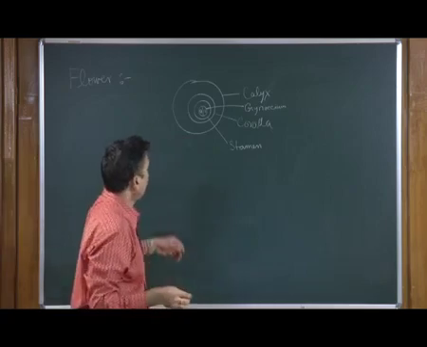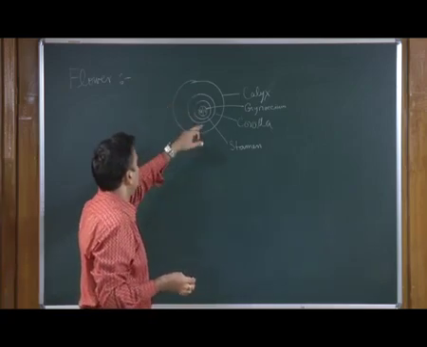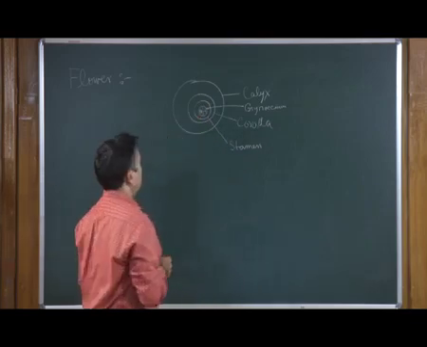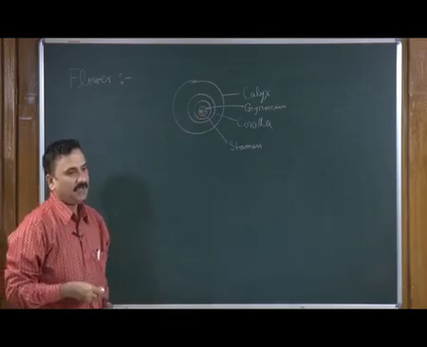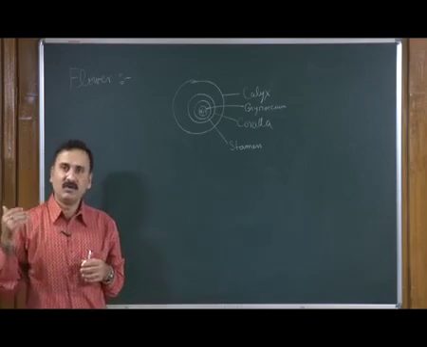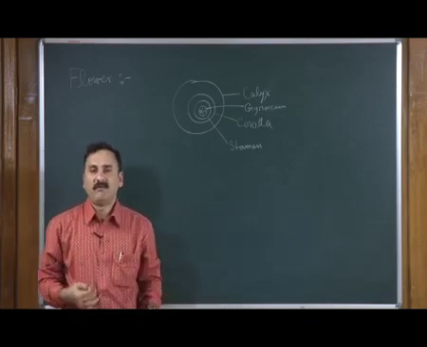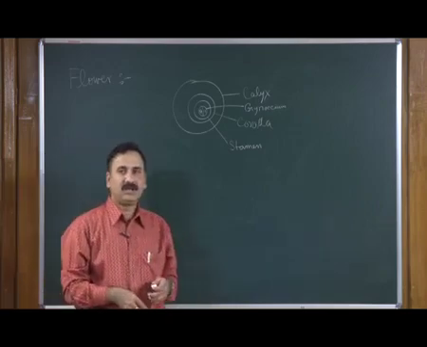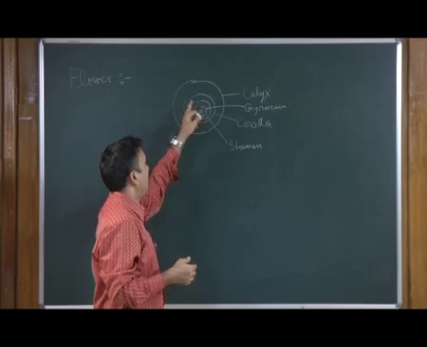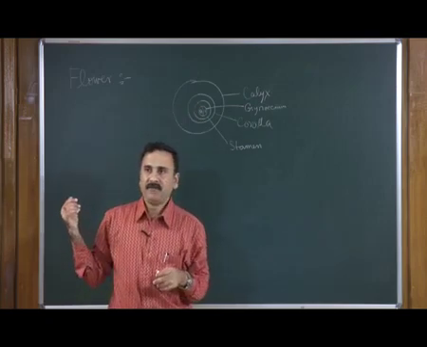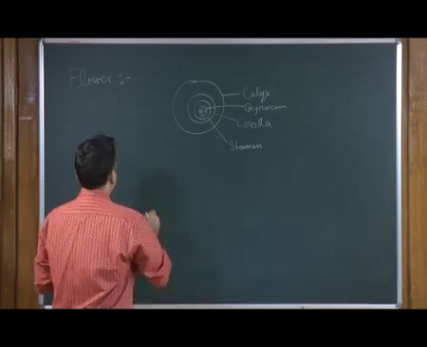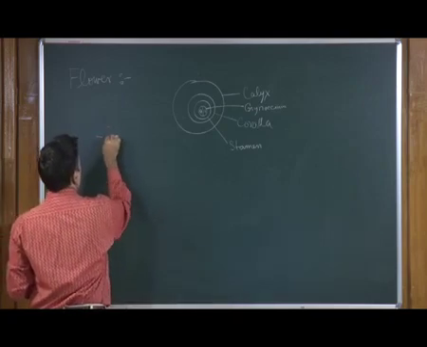Okay. So, you can see that these are the 4 whorls present within the flower structure, but these 4 structures could be written in the form of a formula. When you write the arrangement of these 4 flower parts in the form of a formula, it is called the floral formula.